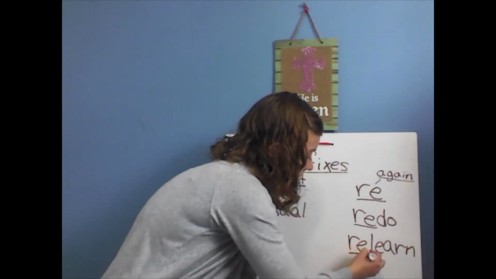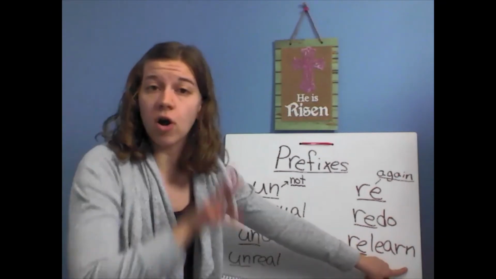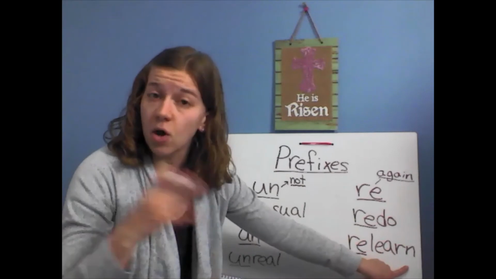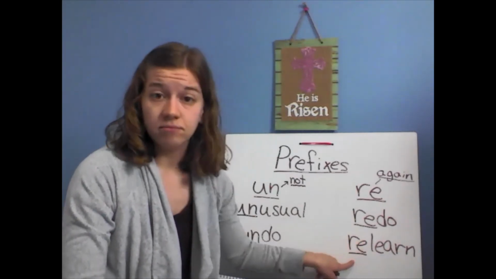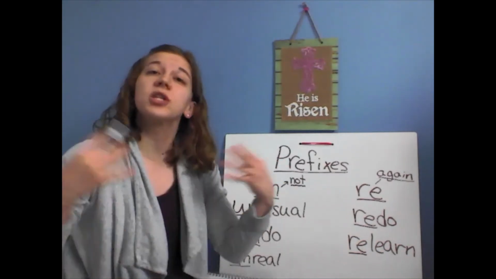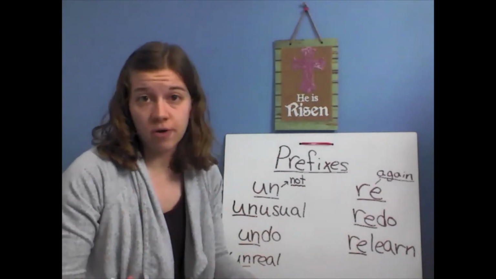All right, how about relearn? All right, so our base word here is learn. Okay? That's a word all on its own. But if we make it relearn, that's a whole new word, and it means to learn again. If you need to relearn something, it means you need to learn it again. You need to watch the lesson again. You need to do more research about it and relearn. Okay?